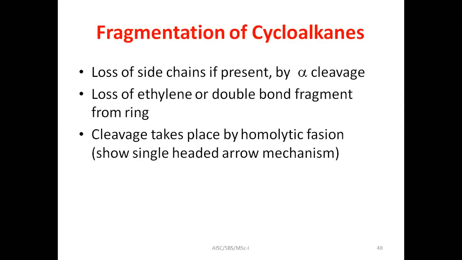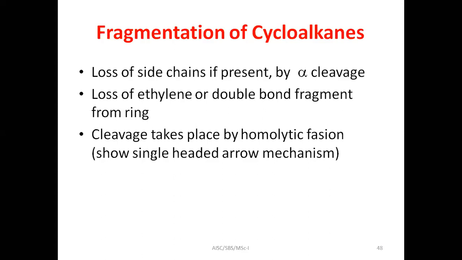Then loss of ethylene or double bond fragment from the ring, as previously we broke that daughter to daughter by loss of CH2 CH2. Here once the molecular ion peak forms, one can break to daughter by losing the CH2 CH2, that is the double bond fragment.